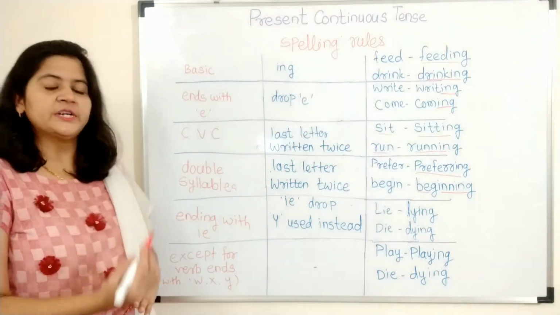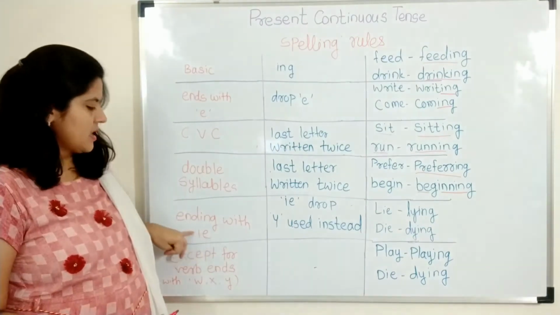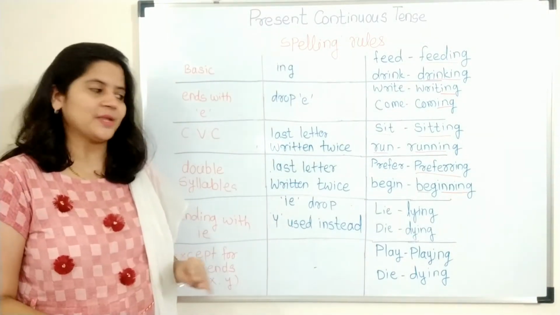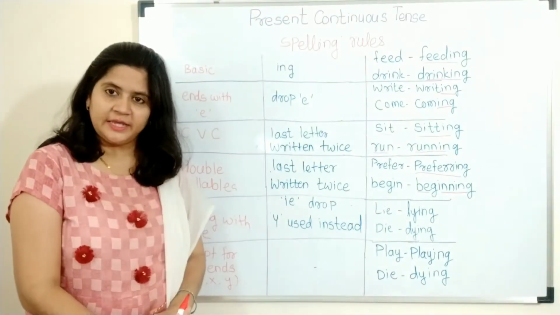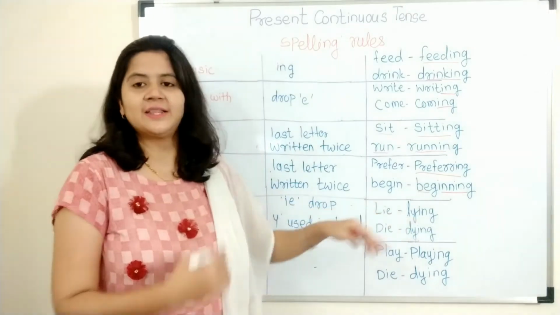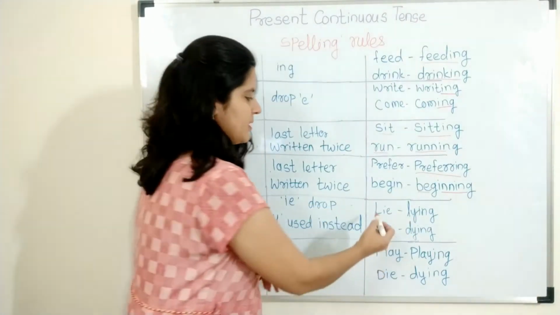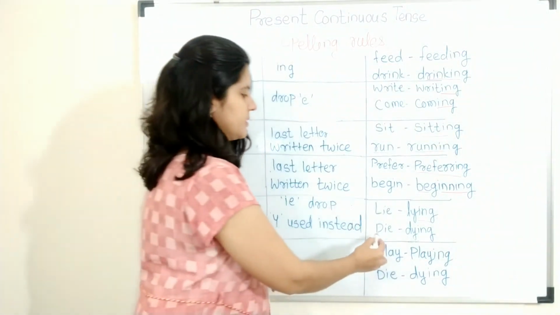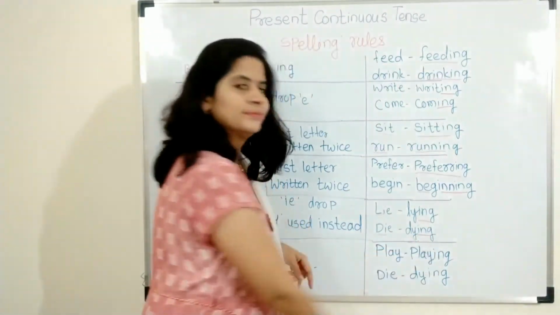Then some words end with ie. In that case we drop the ie, use y and then put ing. Lie becomes lying, die becomes dying.